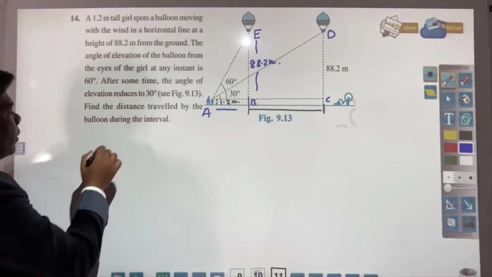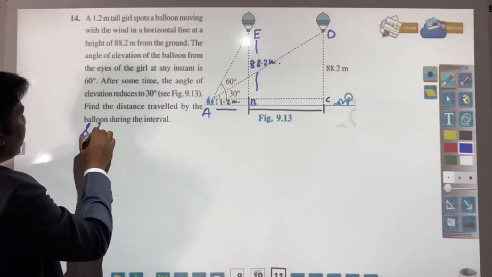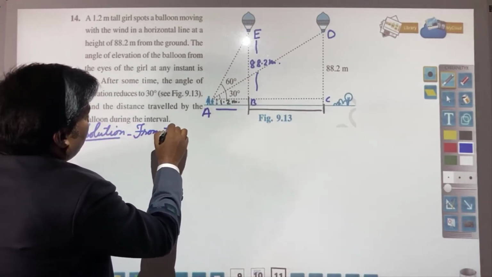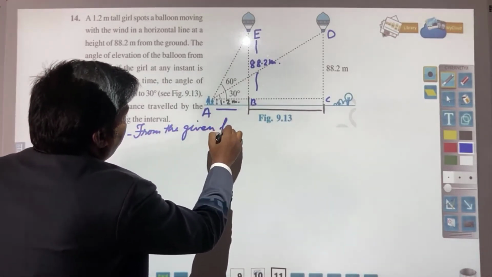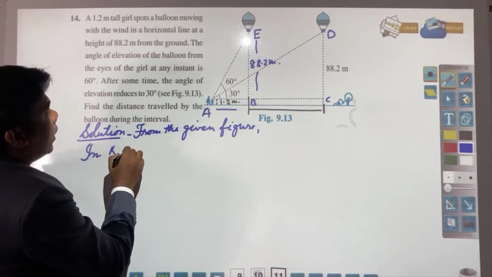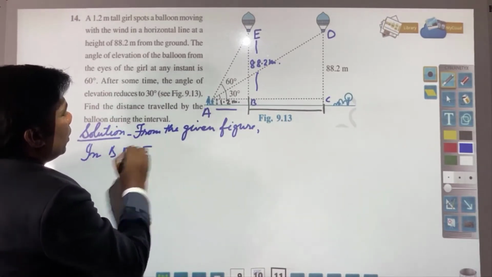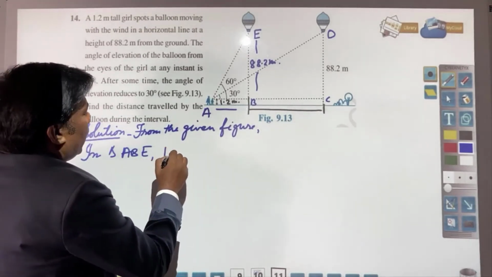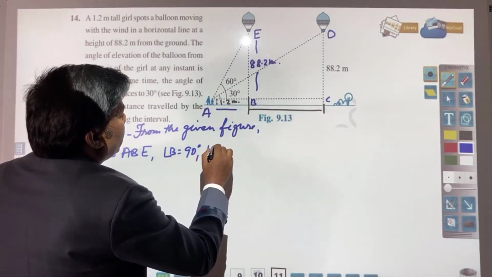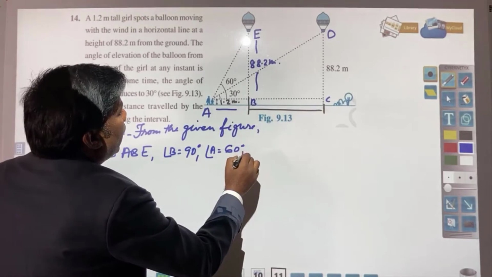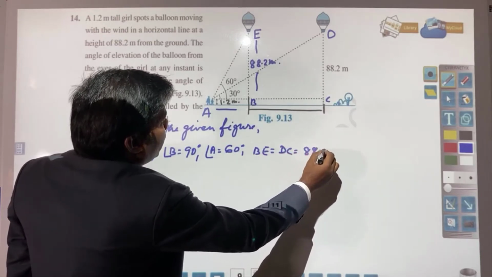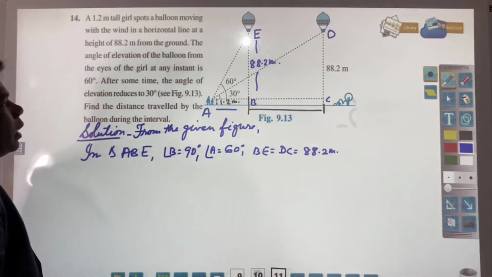From the given figure, in triangle ABE, angle B is equal to 90 degrees, angle A is equal to 60 degrees, and BE is equal to DC, which is 88.2 meter.